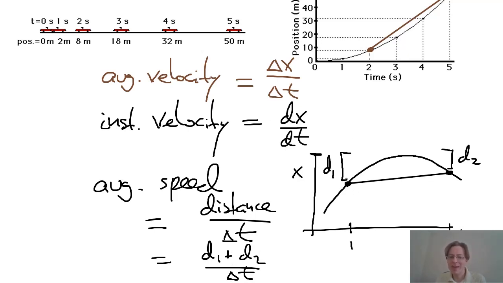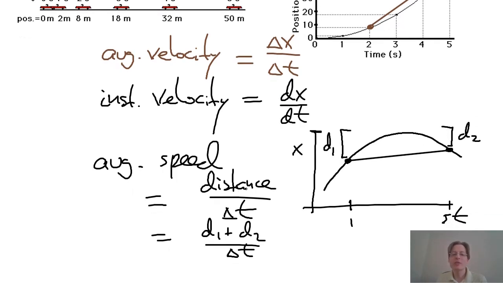Well, because delta x counts d1 as positive and d2 as negative. For average speed, you just take the scalar distance, not the displacement, but the total distance, d1 plus d2, both positive numbers, and add them up to get the distance. Divide that by the time to get the average speed.